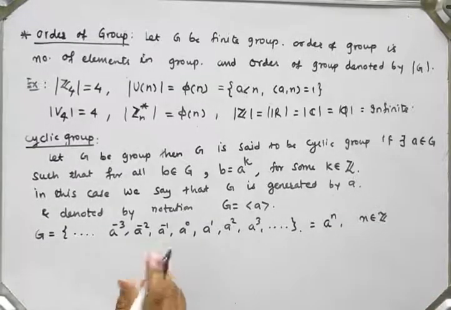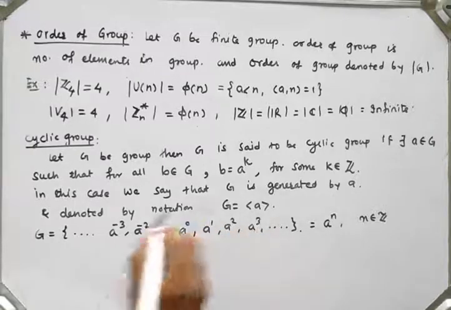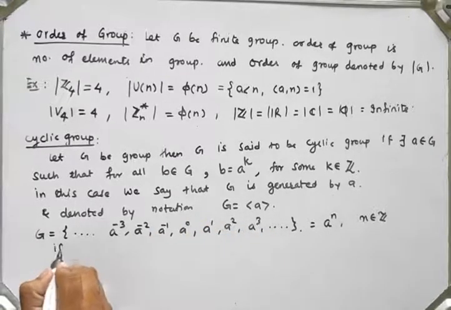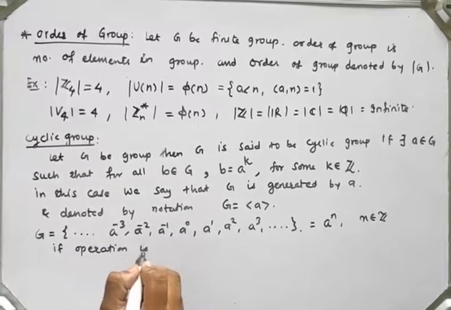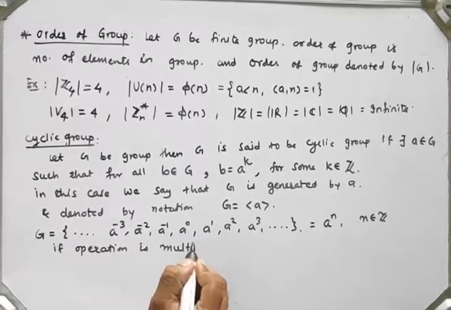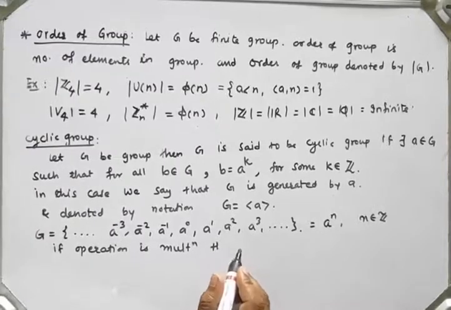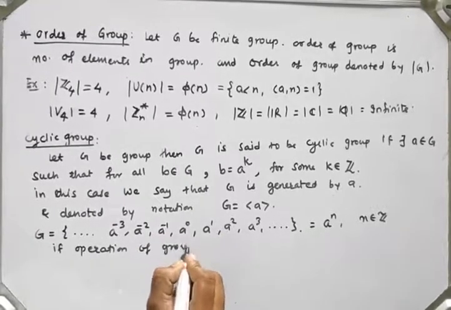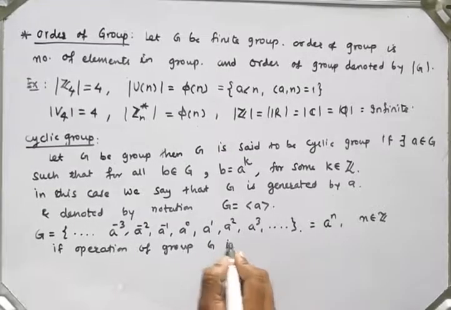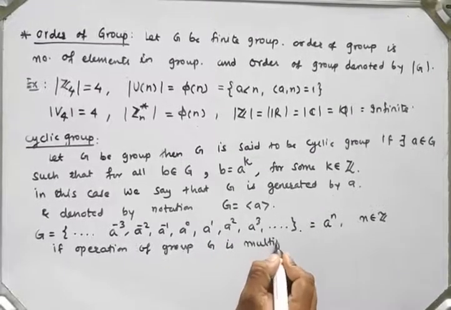This is for the case where the operation is multiplication. If the operation is multiplication, then the operation of group G is multiplication.